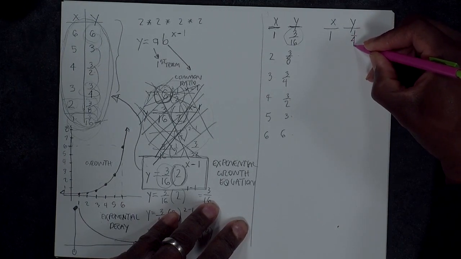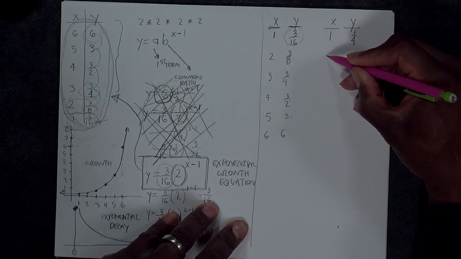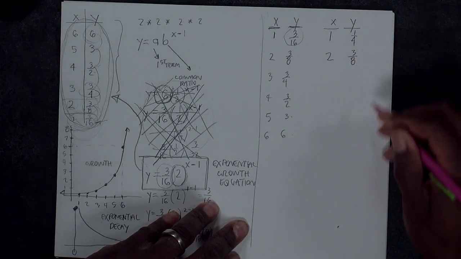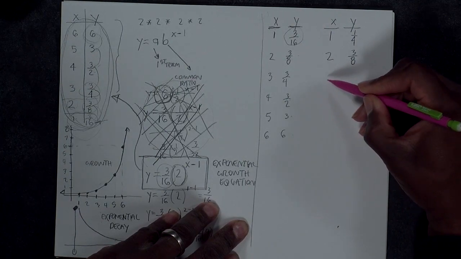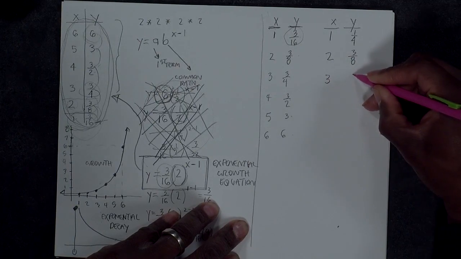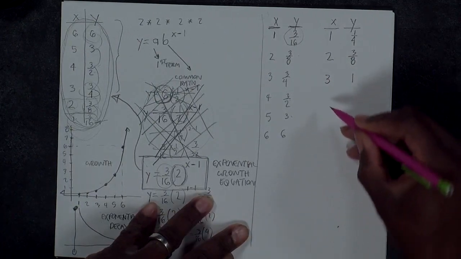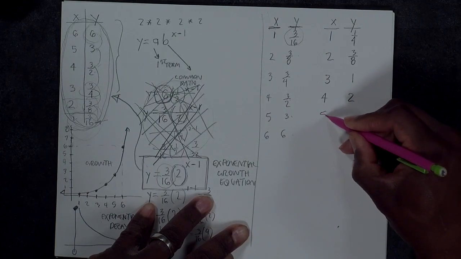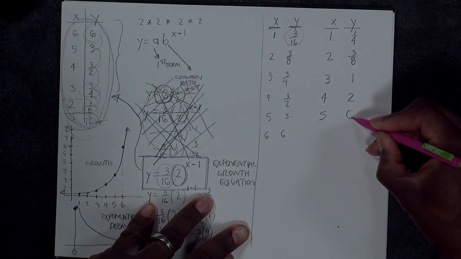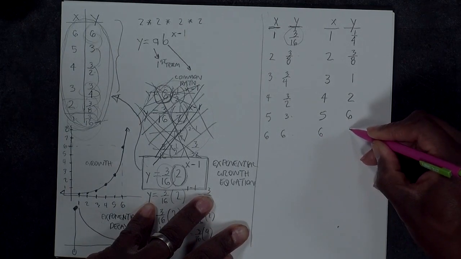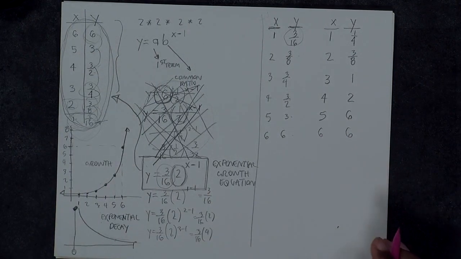What if at time 2 you had 3/8. At time 3 you had 1. At time 4 you had 2. At time 5 you had something like 6. At time 6 you had, let's say you still had 6.